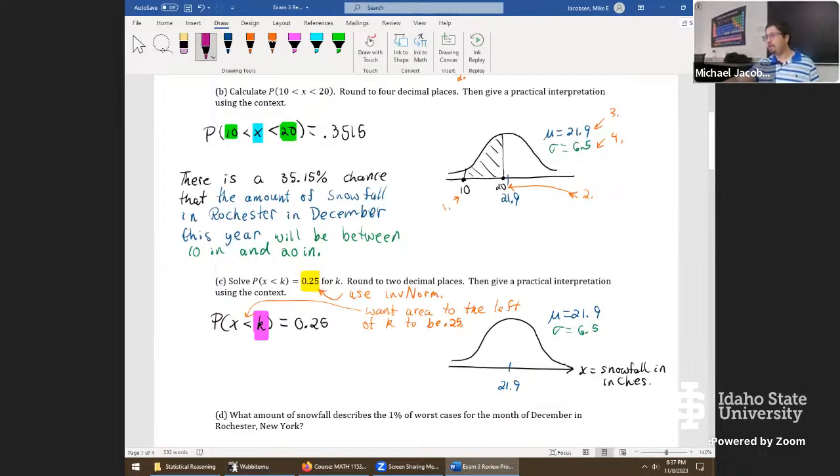That means I couldn't put K over here. Area to the left of K in this location would be about 75% or so. Here, right at the center, it would be exactly 50% to the left. So K should be somewhere around this end.